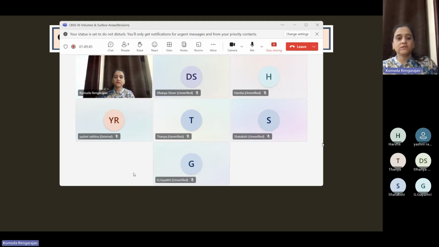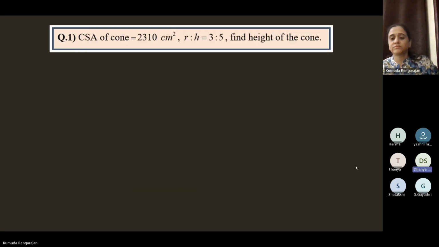Tanya, Satakshi, and Danya, you can leave the call. Let me know on WhatsApp your status, if you completed the test or whatever. Please update your status on WhatsApp regarding the test. The three of you can leave the call. Danya, Tanya, and Satakshi, thank you. Thank you, ma'am. Ma'am, do I need to send the photos of what I wrote?